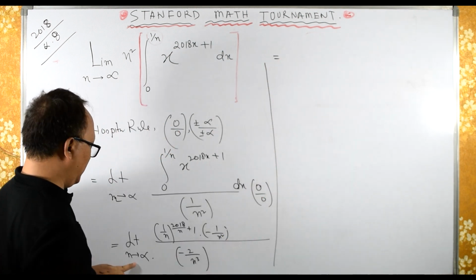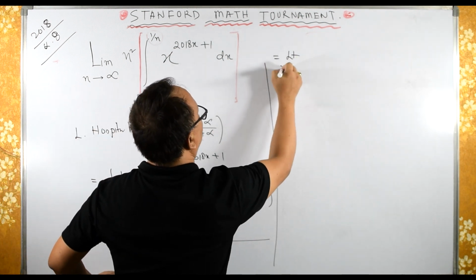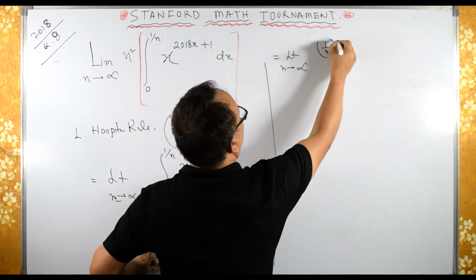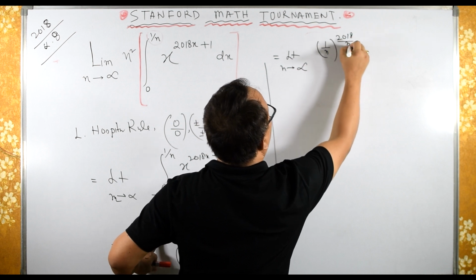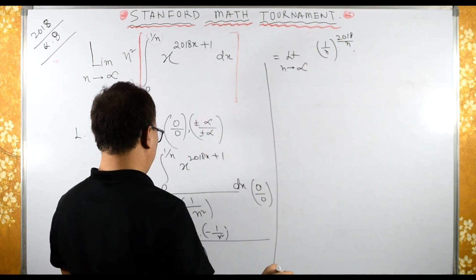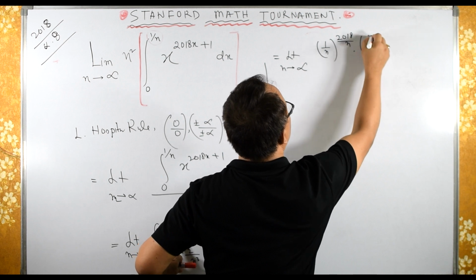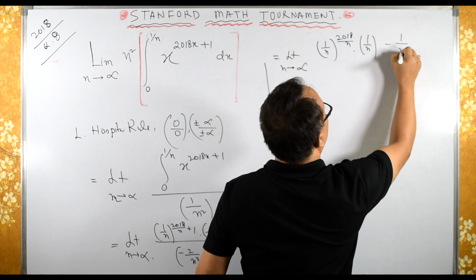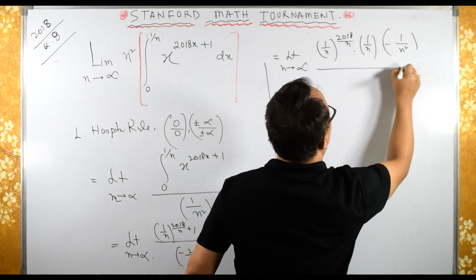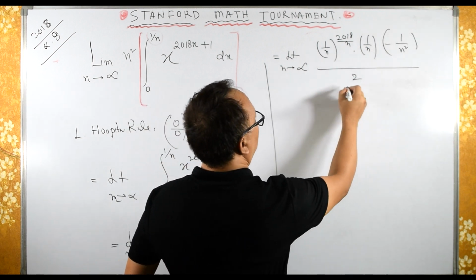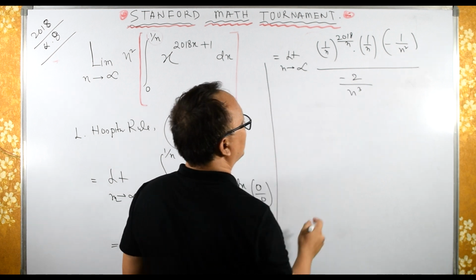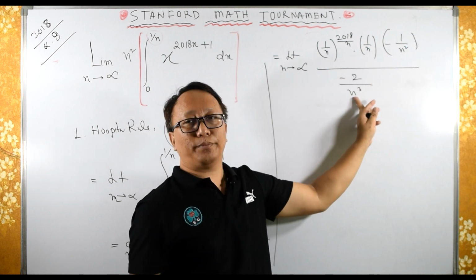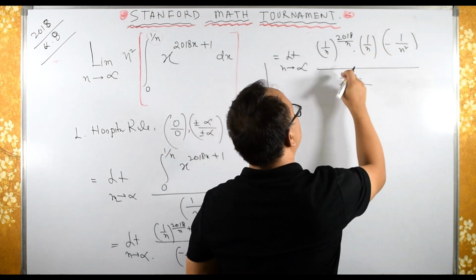So the limit as n tends to infinity is 1 by n raised to 2018 upon n, into 1 by n, separated like this, and then minus 1 by n square upon minus 2 upon n cube. This n and n square make n cube, the n cube cancels with this n cube, and minus and minus cancel.